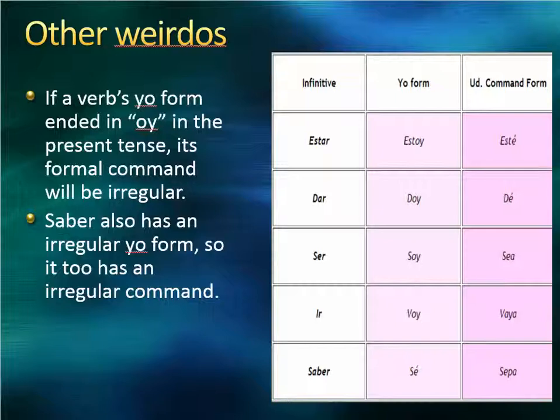Dar, the yo form in the present tense is doy, but this time the usted command form is going to be dé, accent mark over the E. Ser is soy, typically in the yo form of the present tense, but its command form is sea, S-E-A. Ir, yo form of the present tense is voy. Its usted command form is vaya. And here's saber. Saber's yo form in the present tense is usually sé, S-E accent mark. And its command form is going to be sepa, S-E-P-A.